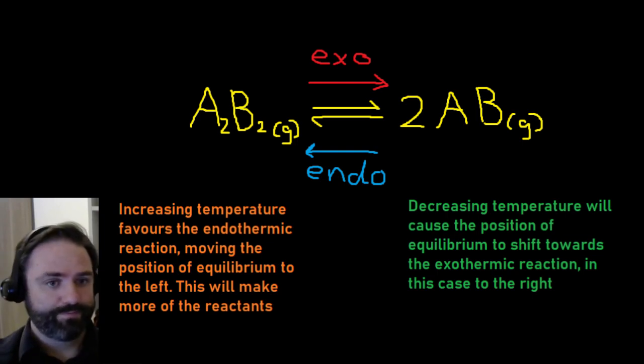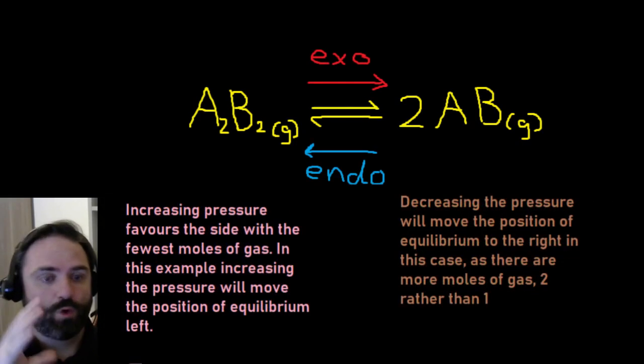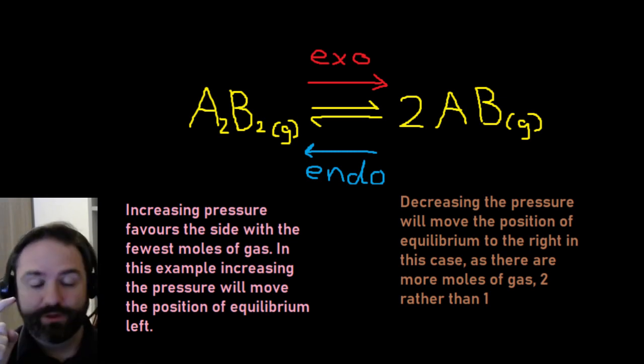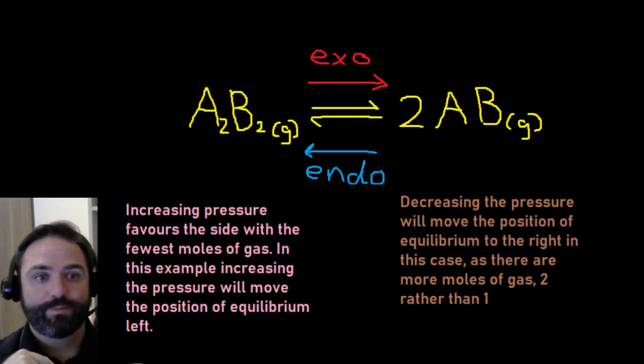What about pressure? Well, if you've got more particles, that's a higher pressure. So high pressure is going to favor the side with fewer molecules. Remember, pressure only applies in gases, so the full definition there is high pressure favors the side with the fewer molecules of gas.